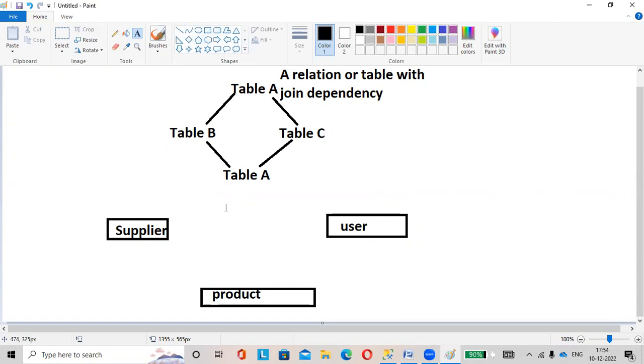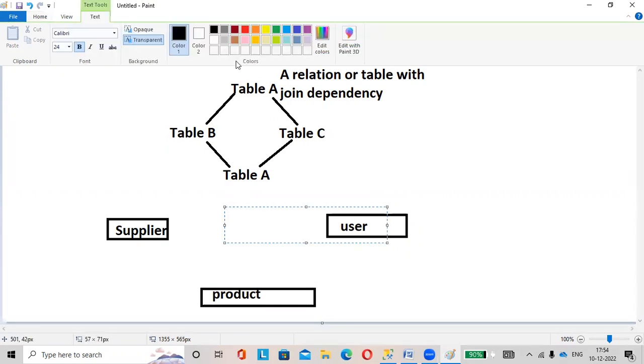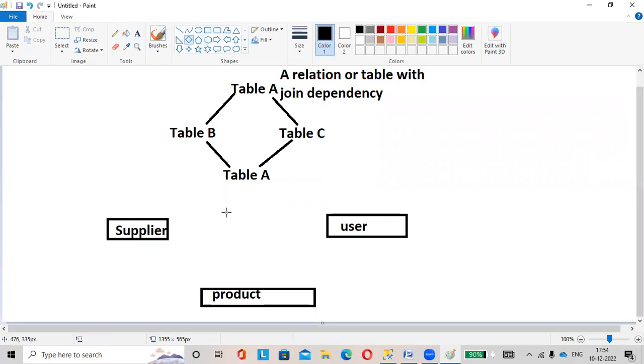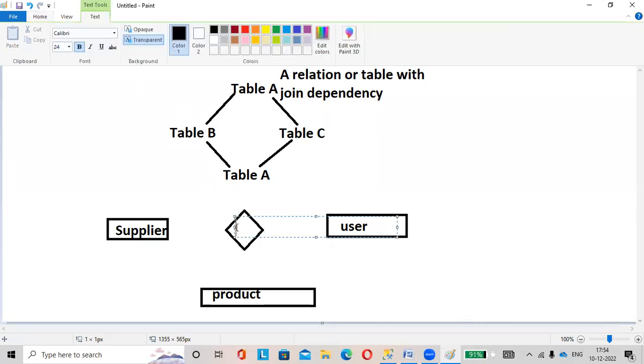This diamond is represented by relationship. SPU relationship.